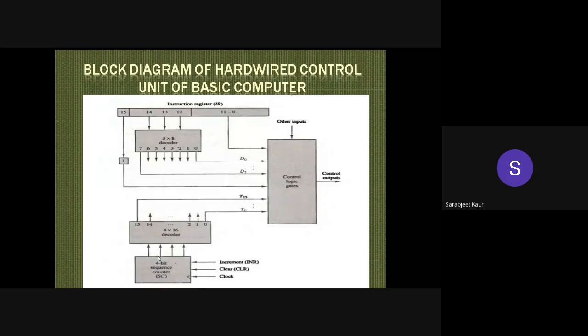Next time when it produces 0001, then the next output is activated and we say that a timing signal T1 is generated. And these timing signals go on till T15 and then return back to T0. Is this clear?